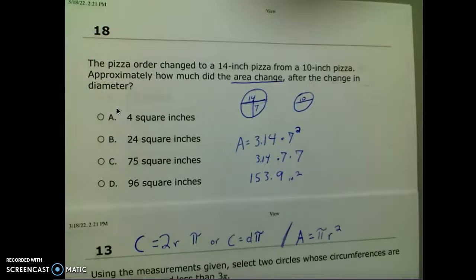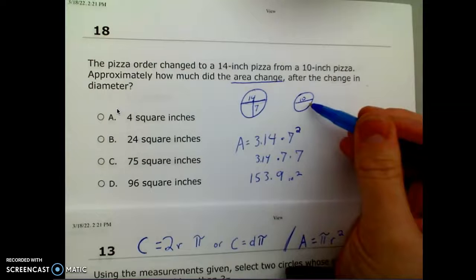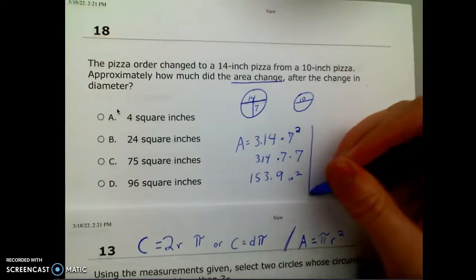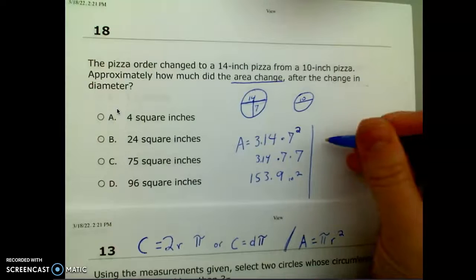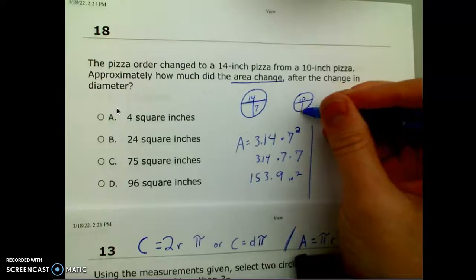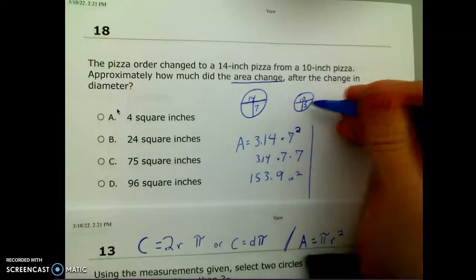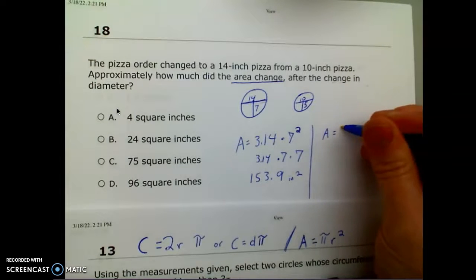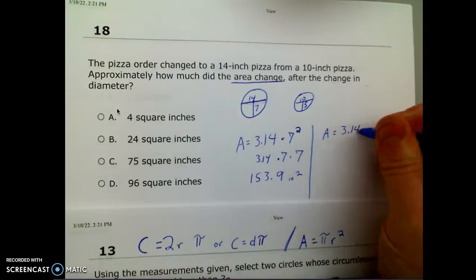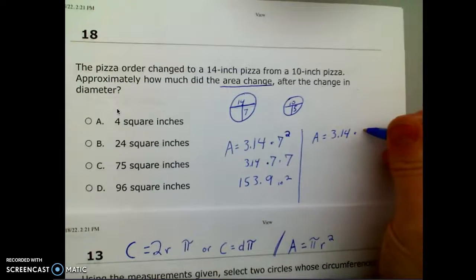Now, if I change my mind and get the 10-inch pizza, remember 10 is the diameter, we're going to do this again with the radius of 5, because 5 is half of 10. So here we go. Area equals pi times my radius squared.